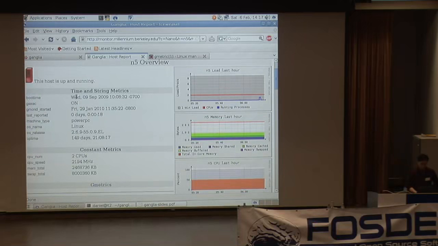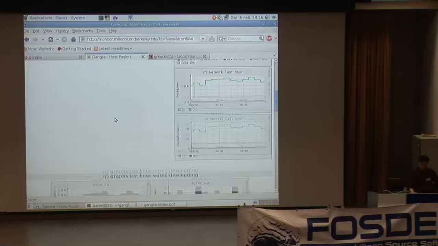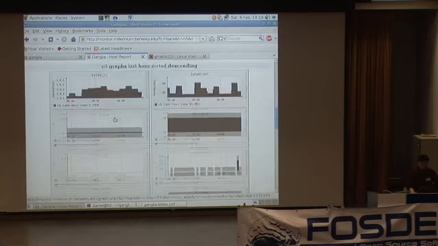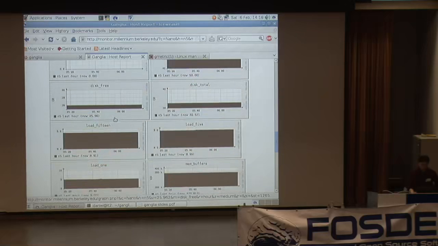It says it's been up since this time, and it gives you a lot of information. Basically, all these metrics are collected at the host level and aggregated up to the top. So a collection of hosts is a cluster, and a collection of clusters is a grid. You can even have a grid of grids, so that you can aggregate it all the way up. These are stats of individual hosts, so it's pretty self-explanatory.